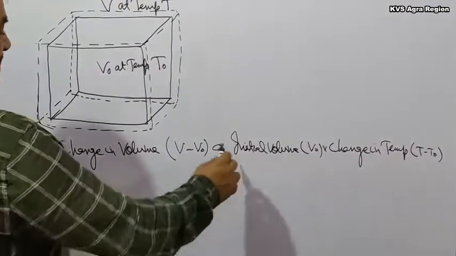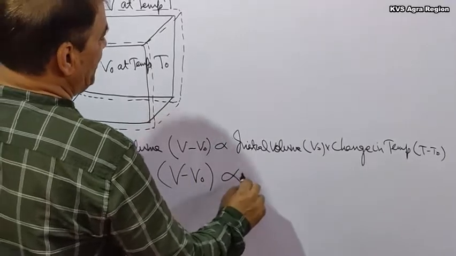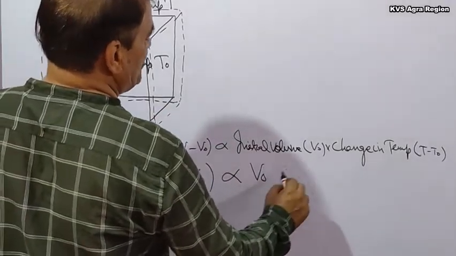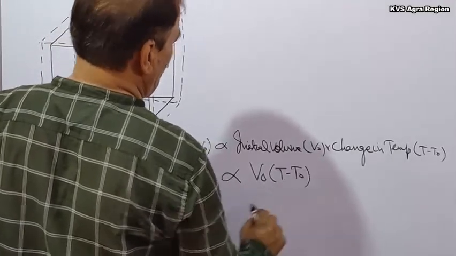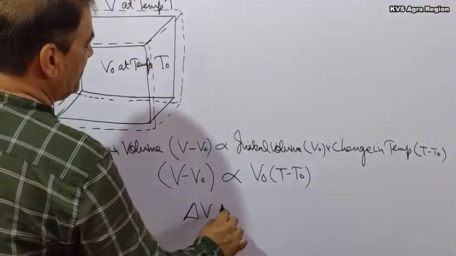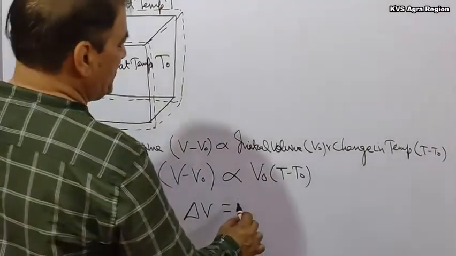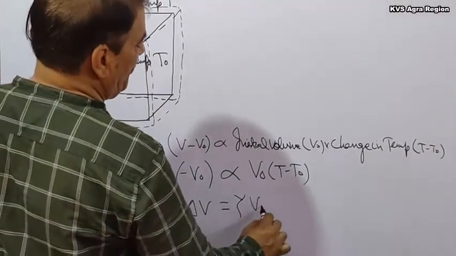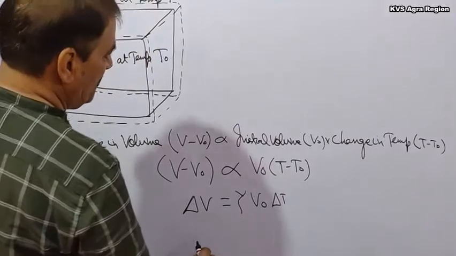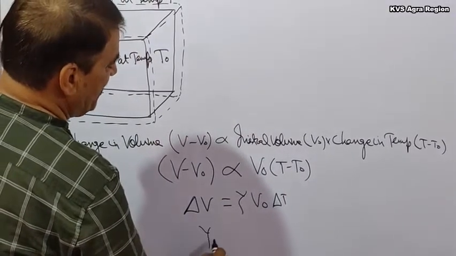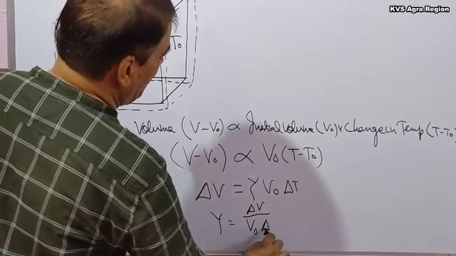In order to replace the sign of proportionality by equality, we introduce a constant, gamma. So delta V equals gamma V naught into T minus T naught, which is delta T, or we can say gamma equals delta V upon V naught delta T.